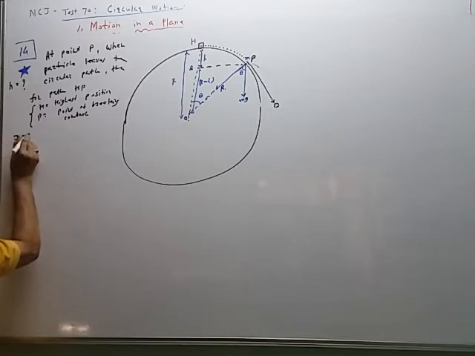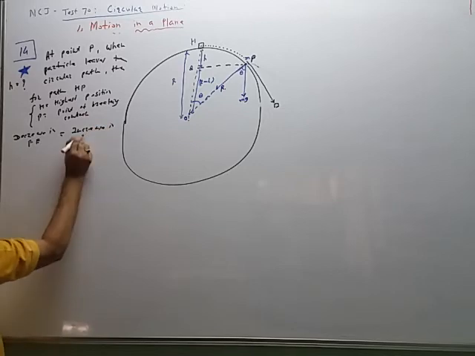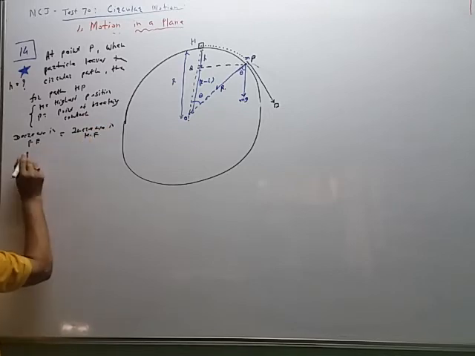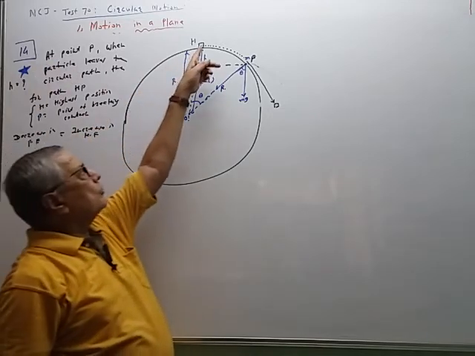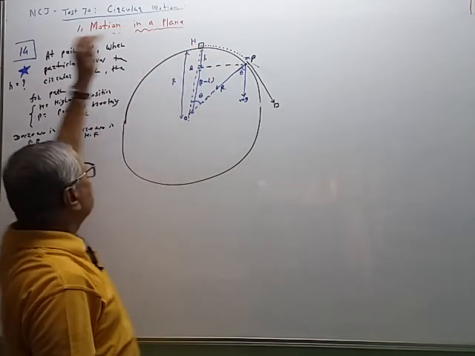Decreasing potential energy is equal to increasing kinetic energy. So when the body moves from H to P, its height decreases by h.